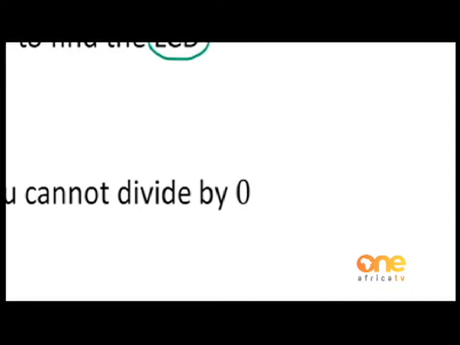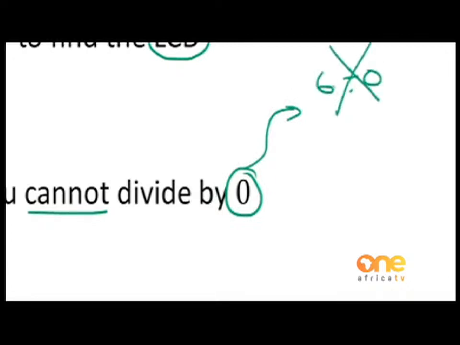The second thing that you need to remember is that in mathematics, you cannot divide by 0. So, for example, you know that 6 divided by 0 is not allowed, or maybe 7 divided by 0 or 7 over 0, it's the same thing, that is also not allowed.